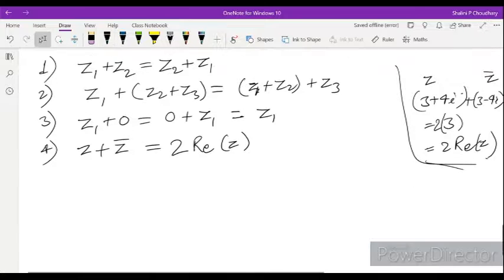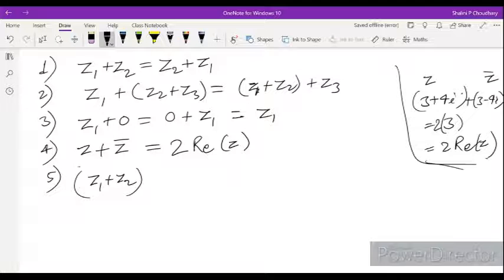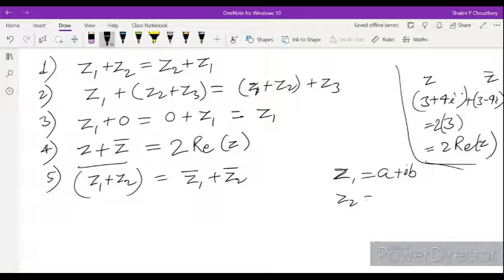Now the next property: (z1 + z2) whole bar will be z1 bar + z2 bar. How will it be? If z1 is equal to a + ib and z2 is equal to c + id, then z1 bar will be equal to a - ib and z2 bar will be equal to c - id.